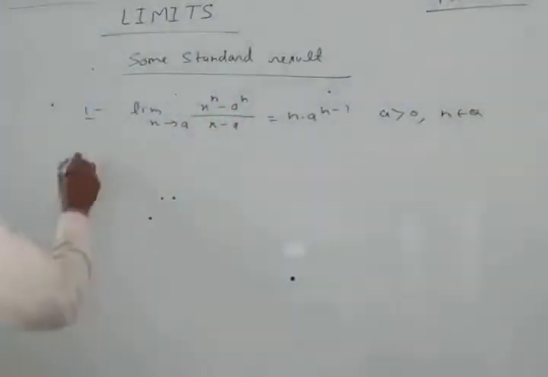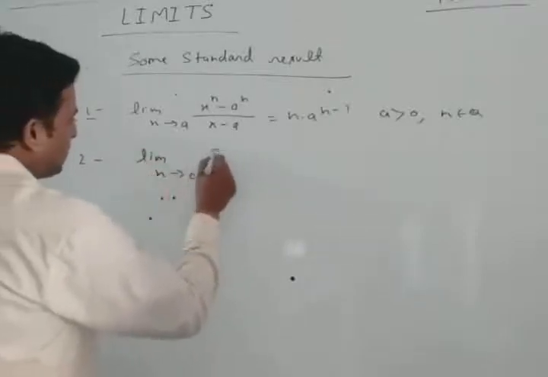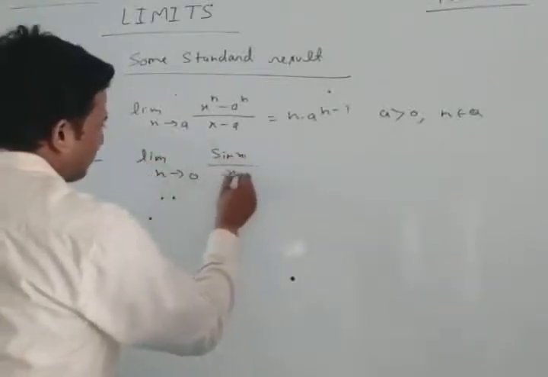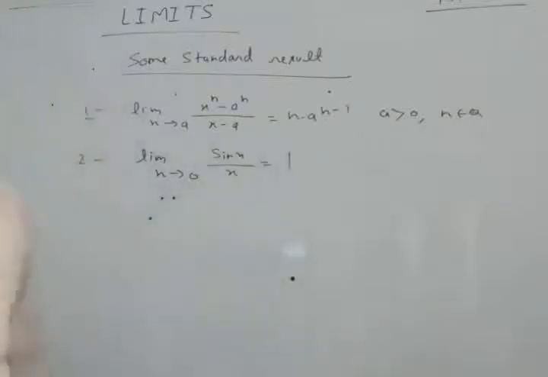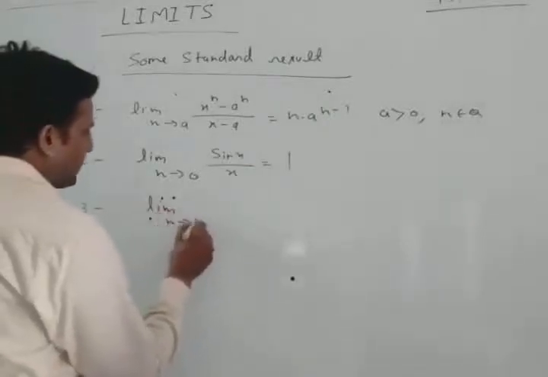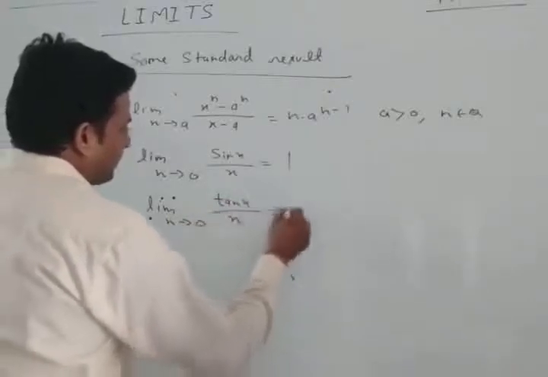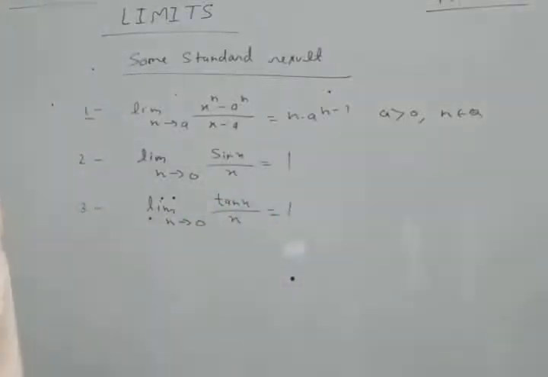Now second, limit x tends to 0 sin x by x is equal to what? 1. Okay? Next, limit x tends to 0 tan x by x is equal to 1.